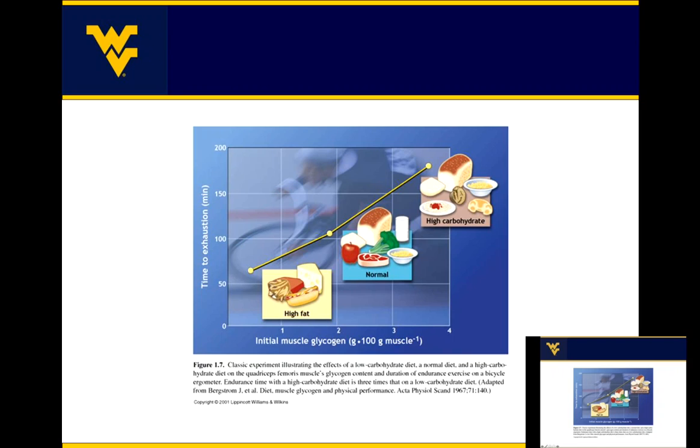You can see that obviously the diet had a profound effect on the initial muscle glycogen level, the amount of glycogen in grams per 100 grams of muscle tissue. Okay, the higher you had, the longer you lasted in an exercise bout till you fatigued.